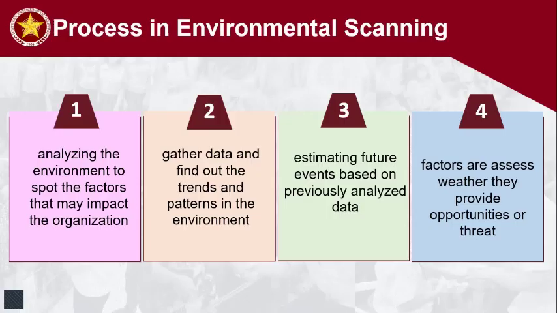And the last, we assess those factors, whether they provide opportunities or threats. So this could assist us in decision making. What could affect the organization and what could help the organization in attaining its mission, vision, goals, and objectives, which is also related to the previous session.